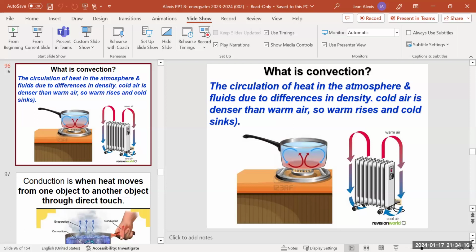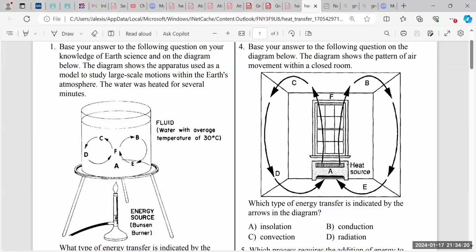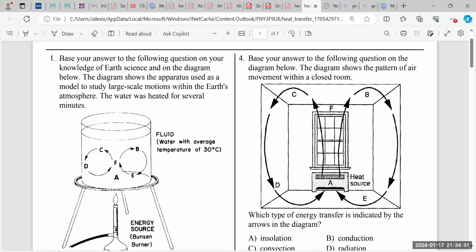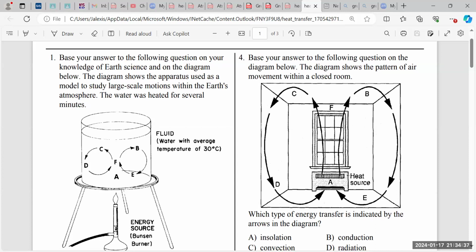So therefore, if I'm in a room and I see the circulation of air movement within a closed room, where warm air is rising through the middle, and the cooler air is being circulated outwards and sinking, that is an example of convection.